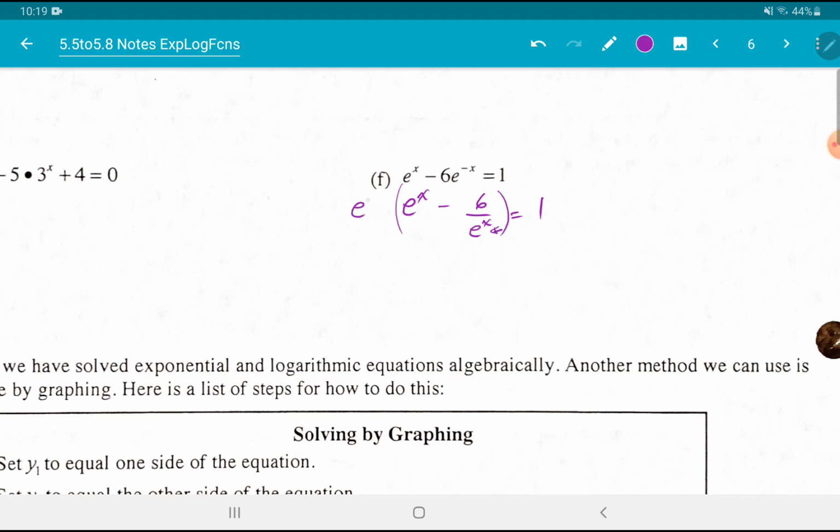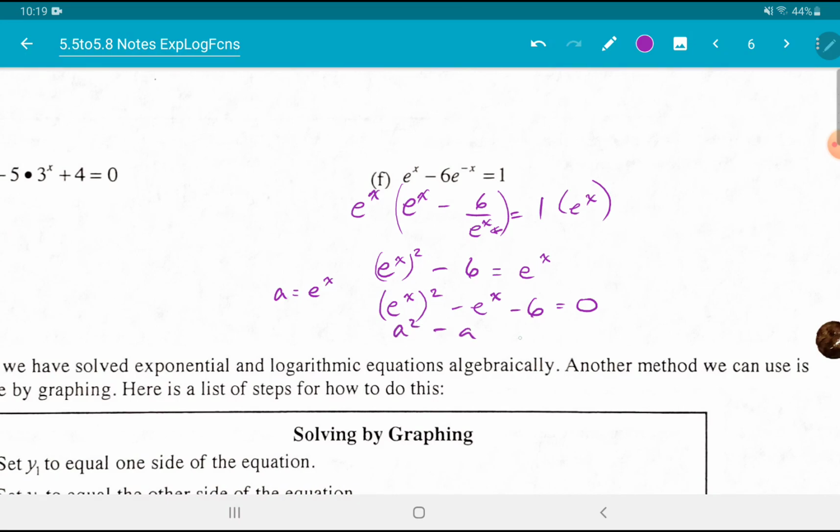Why don't we multiply everything by e to the x? In that way, we're going to get e to the x basically squared minus e to the x over e to the x cancel, so we have 6 equals e to the x. And now it's kind of looking like a quadratic, where if I bring that e to the x over to the other side, and then we say, let's make a equal e to the x, so we have a squared minus a minus 6 equals 0.